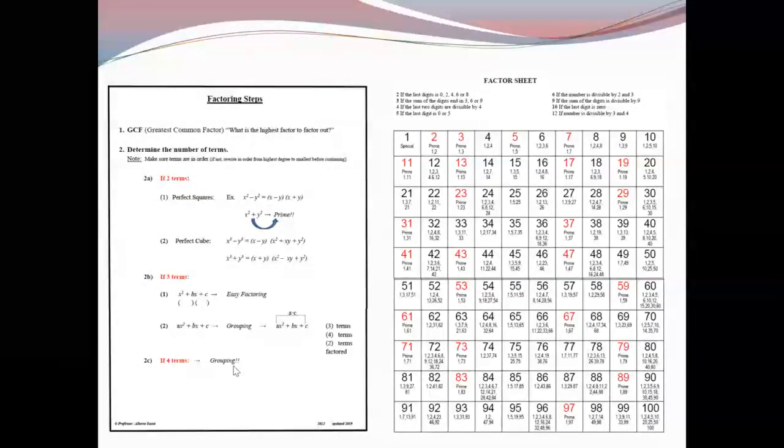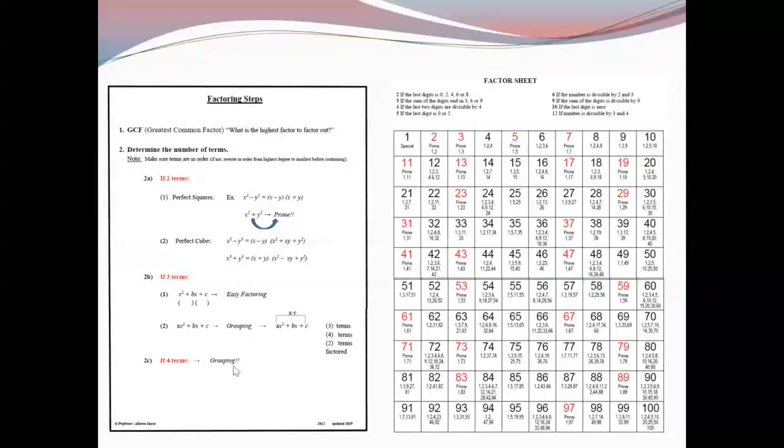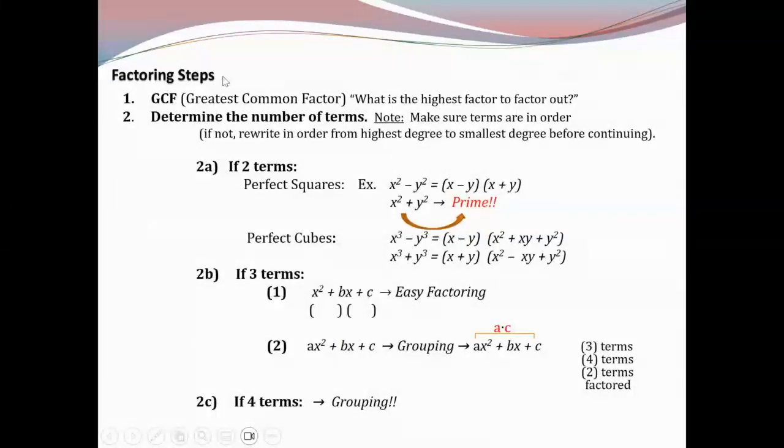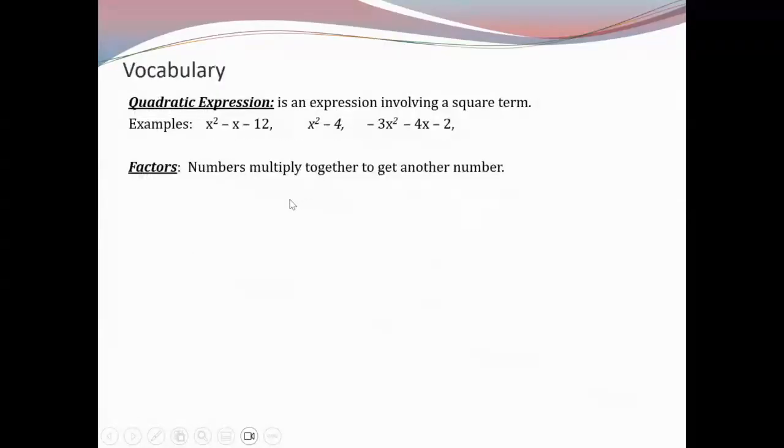But in my opinion, as an instructor, the students have told me that this handout is very, very useful and very easy to use. That's what the students tell me. And if you want these copies at the end of the workshop, let me know, and I can send them to you. Now again, these are the factoring steps that I went over in the previous slide.